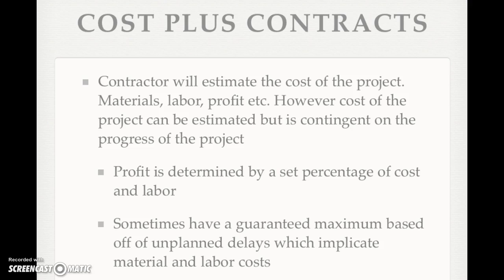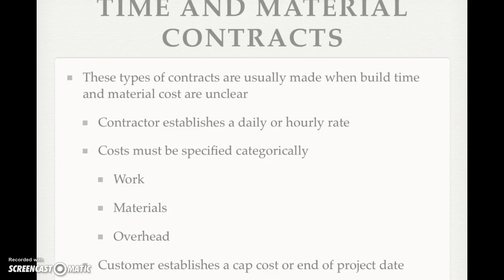Sometimes they have a guaranteed maximum based on unplanned delays, which implicate labor and material cost. So basically, there's a percentage of the total cost of the project that gets awarded to the contractor as the project is completed.